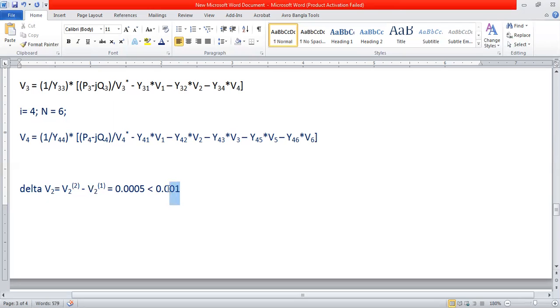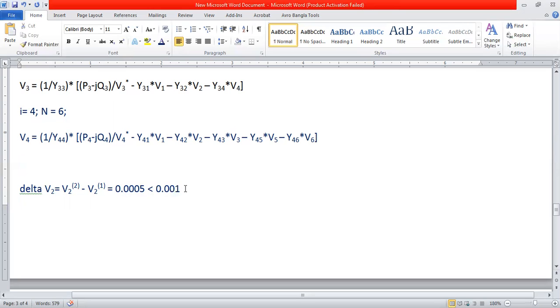If we consider 0.001 as our tolerance level, then this is less than the tolerance level. So the voltage magnitude and angle we found after the second iteration is the final result.